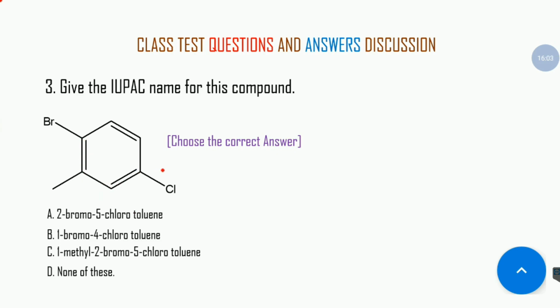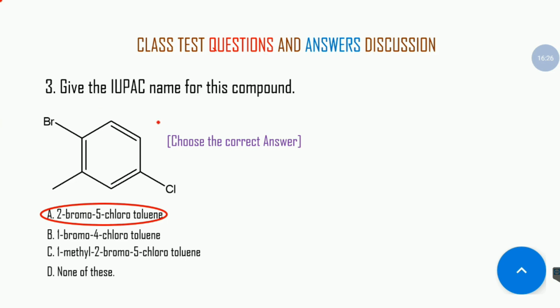So the correct answer is 2 bromo 5 chloro toluene. Toluene, because this benzene ring has a CH3 group with it, a methyl group. So that means option A, 2 bromo 5 chloro toluene, as in the previous one.